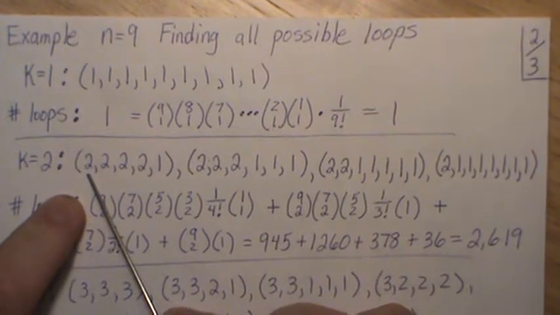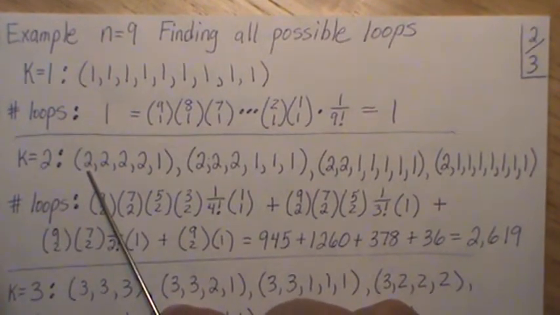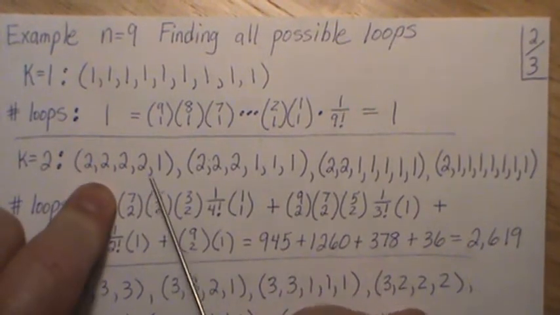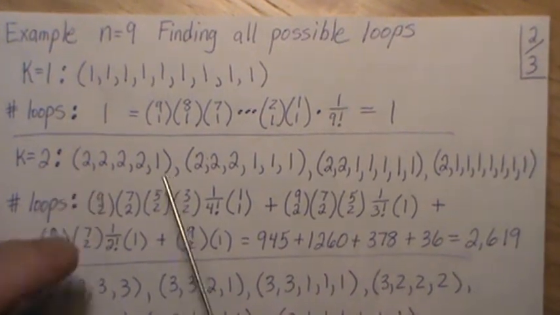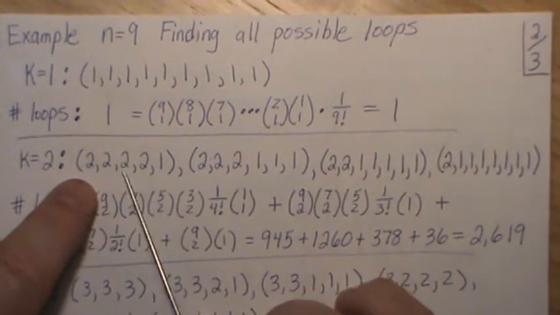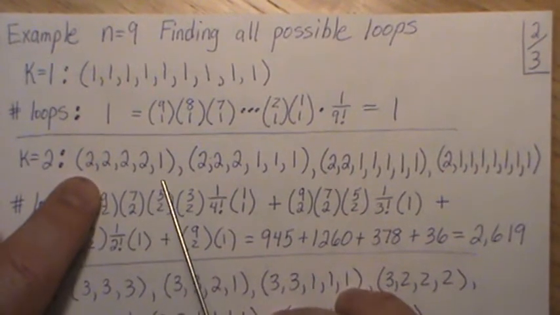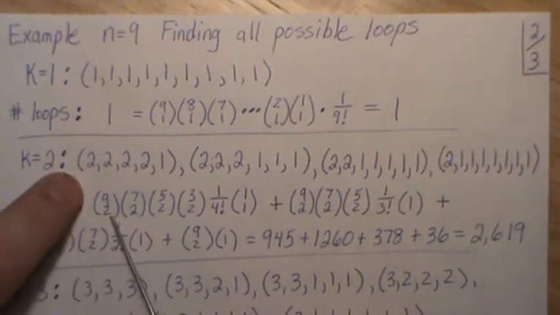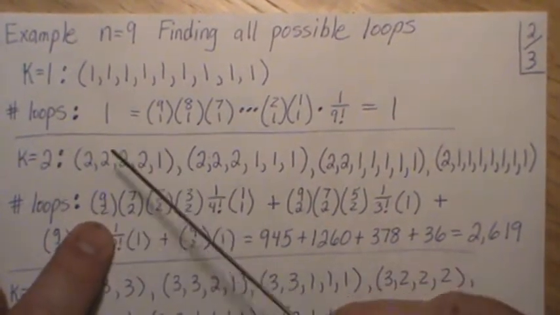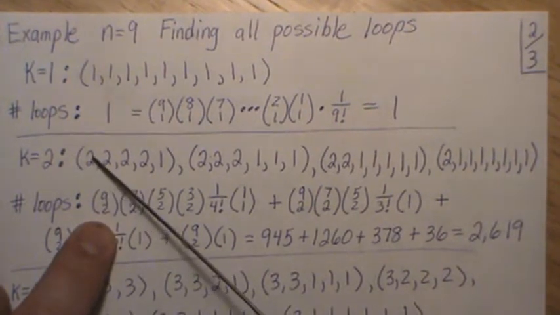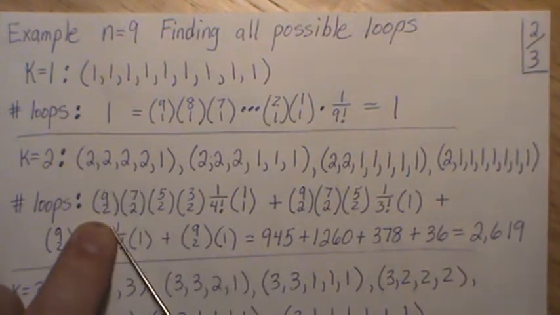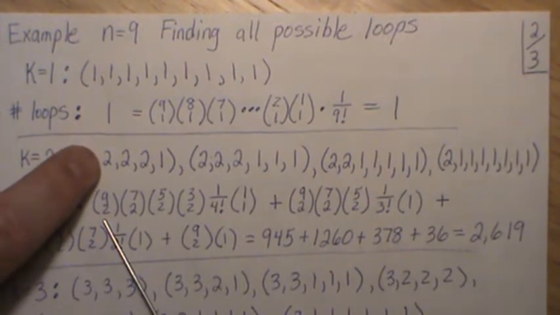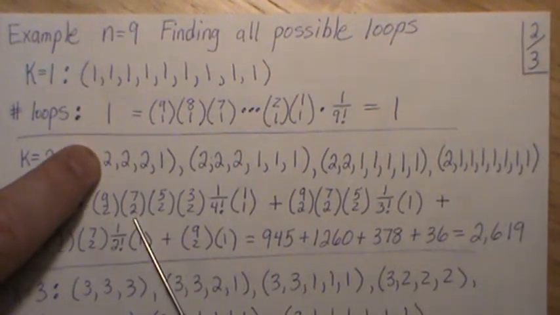But when it says a loop of 2, which 2 boxes? I mean, there's so many possibilities here, but they all mean the same: there were 4 loops of 2 and a loop of 1. Okay, so now let's go through the calculations. Here, we pick the first 2 boxes. So of the 9 boxes, we choose 2. And then there's 7 left. So of the 7 boxes, we choose 2.